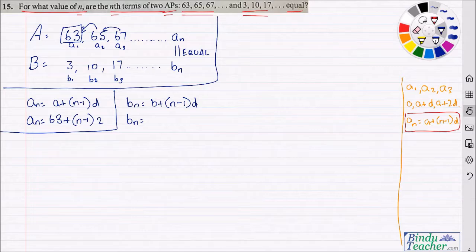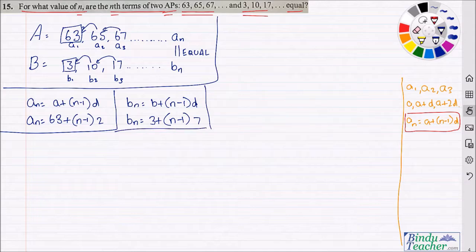Then we know the value of B, which is 3 here. 3 plus n minus 1 into D. D is the common difference. Now D again can be calculated by either B3 minus B2, which will give me 7, or B2 minus B1, which will also give me 7. Okay, so we found these two equations.